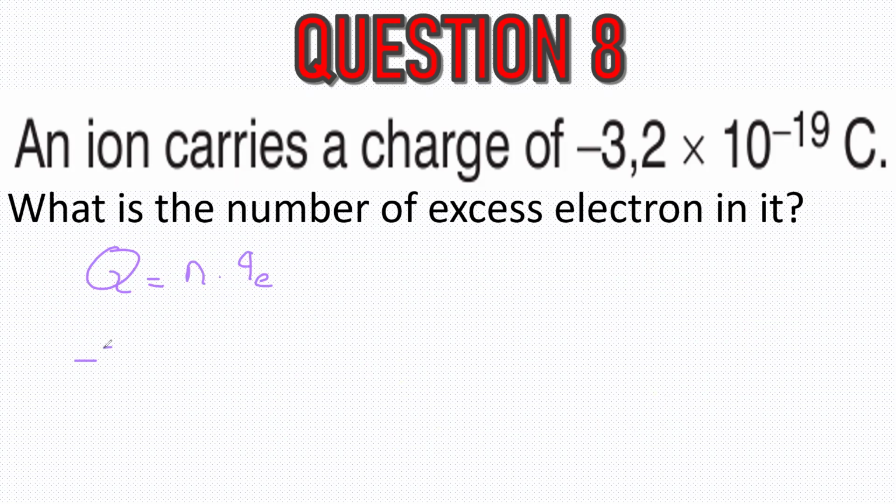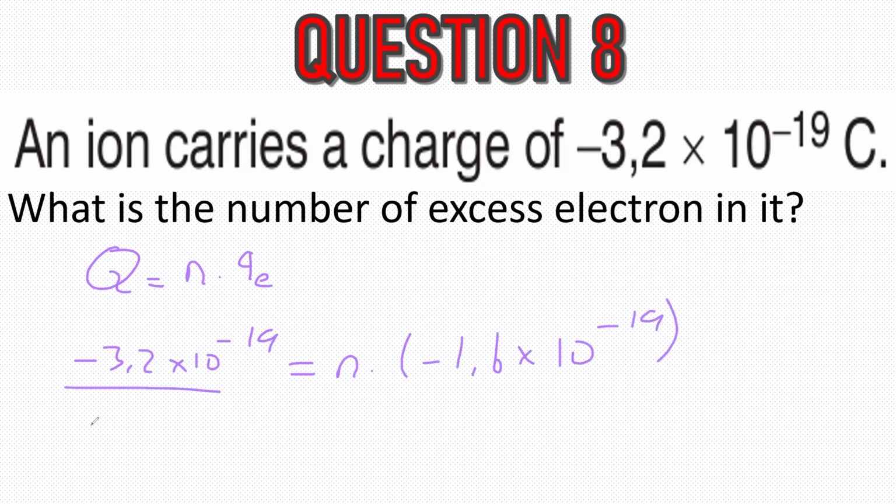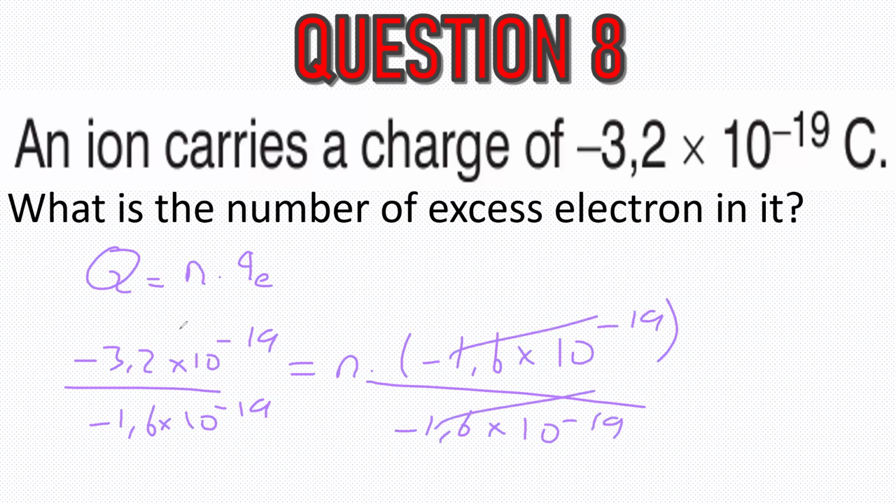So you can write negative 3.2 times 10 to the power of minus 19 equals N times negative 1.6 times 10 to the power of negative 19, and divide by negative 1.6 times 10 to the power of negative 19 each side, and this one cancel each other, and then what's left? N equals 2 electrons. Other option, all right, for you, other option is here.